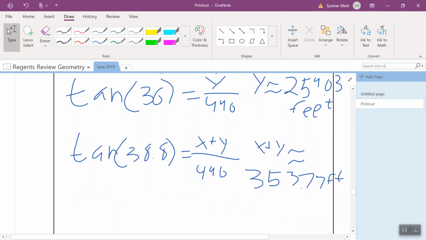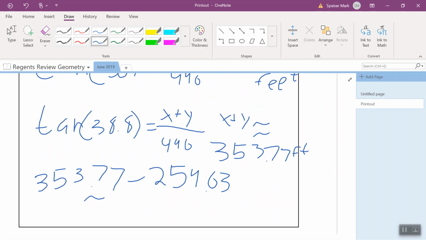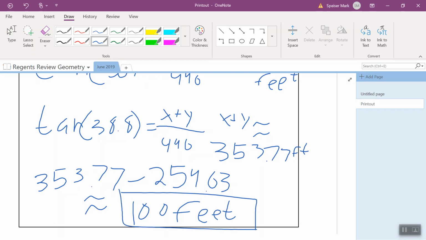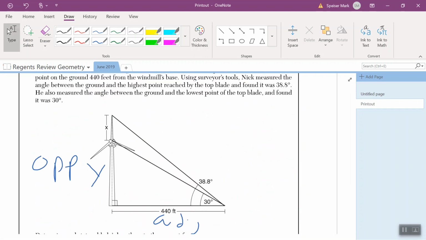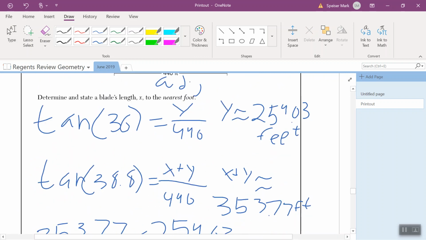You subtract those two values, 353.77 minus 254.03, you get approximately 100 feet as your result. So the length of the blade is 100 feet.